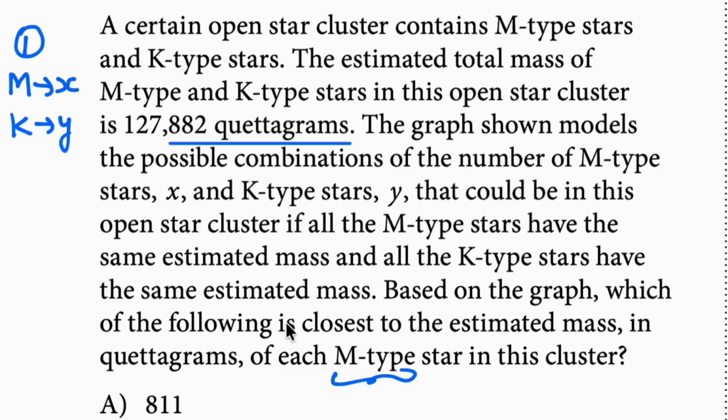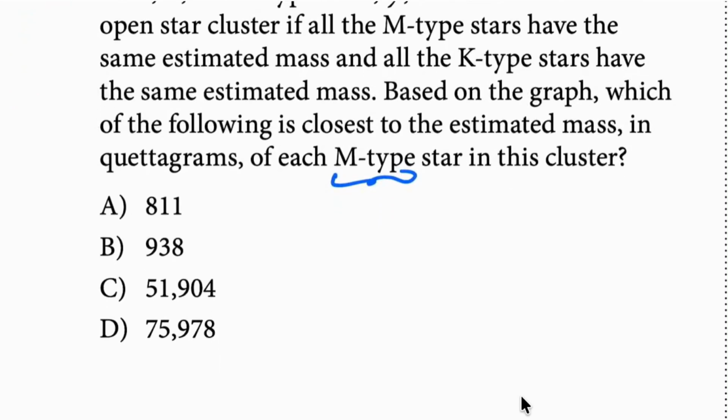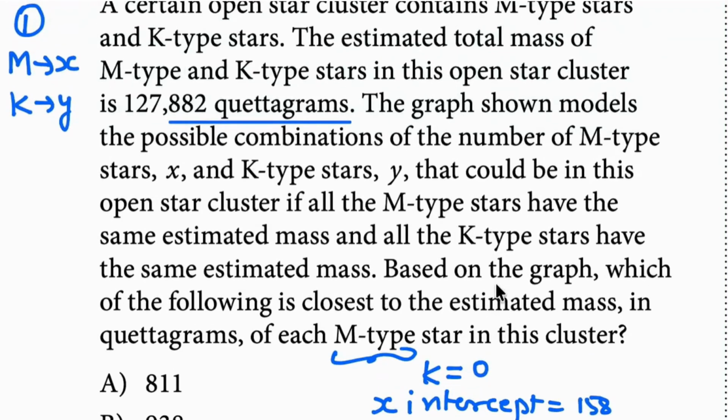So what we are doing, we are trying to find the x-intercept, right? Where K-type stars are 0. And the x-intercept here is 158. So that means when there are 158 M-type stars, K-type stars are 0. Now, we have to answer the mass, not the number, right? From here, we can say that 158 M-type stars have this much mass, because the total mass is this, right?